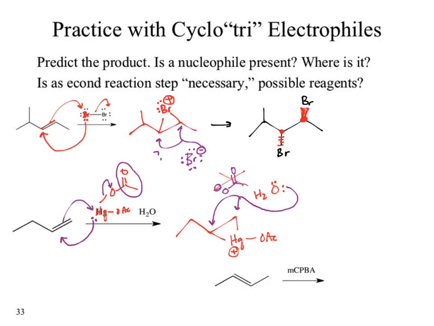So one of those bonds is already weakened. Which bond would already be weakened? The secondary. Why the secondary one? Because that would leave a more stable carbocation. It does not form, but it's leaving that as a more stable species. So the bond between the mercury and the secondary carbon is now the weaker.